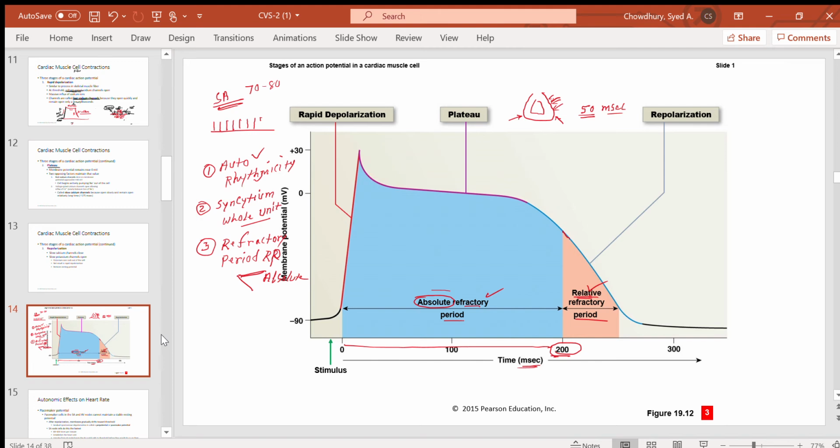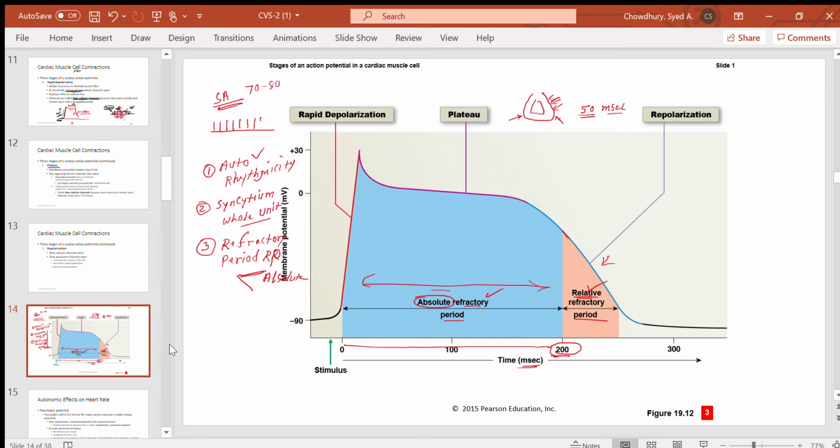So only the last 50 millisecond is not that important, because more than 80% of the blood will get out during this absolute refractory period. So the heart will not listen to anything else during this time. We finish its contraction, so 80% or more blood is already out. So if it listens then, it is not a big problem.